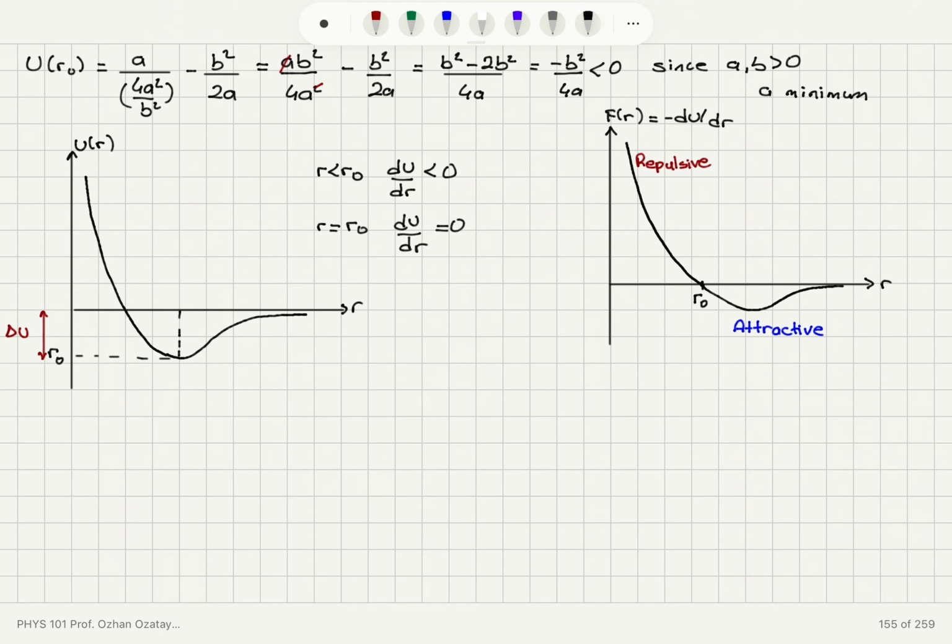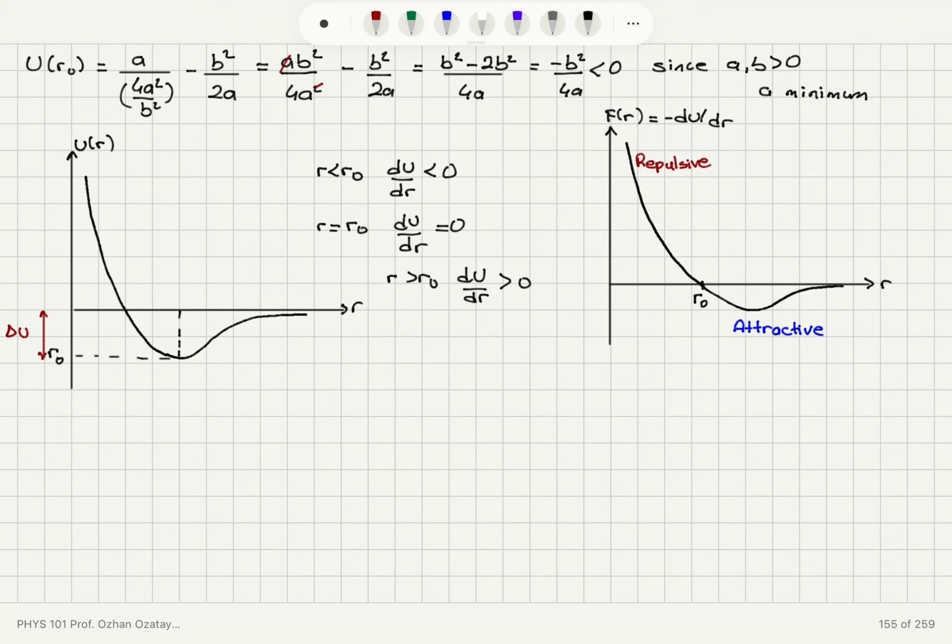At r equals r0, we obtain du dr equals 0. That's when I have the equilibrium point. That's when the force is equal to 0. Then I have r greater than r0. du dr is positive. As you can see here, the derivative becomes positive. Therefore, the force, minus du dr, goes negative.